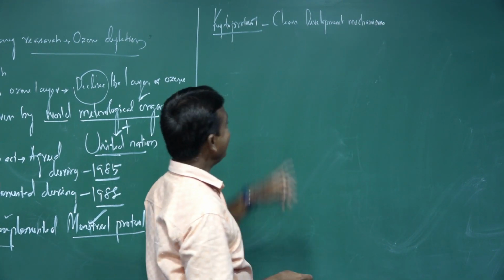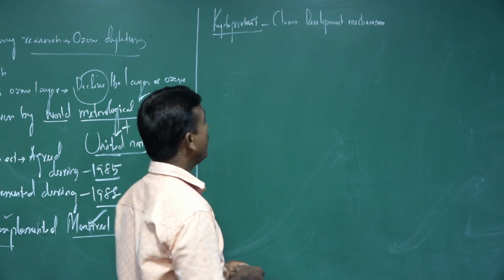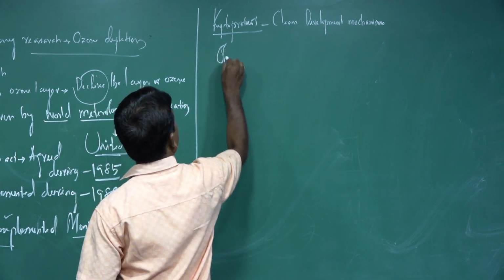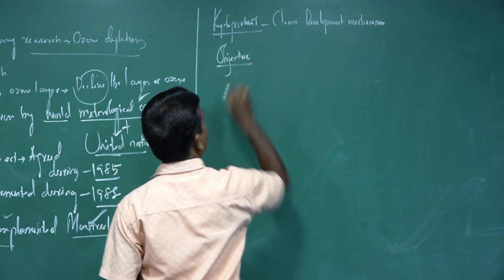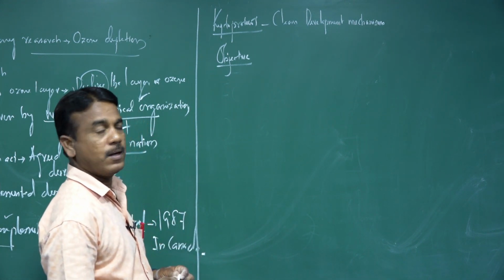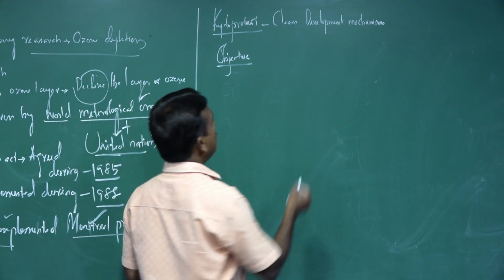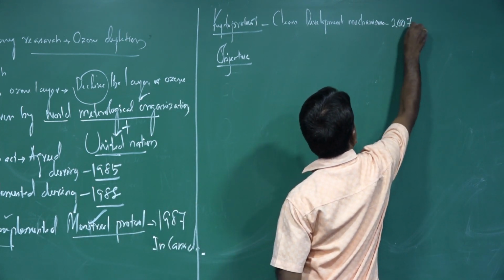What are the objectives of the Clean Development Mechanism, also called the Kyoto Protocol? The Kyoto Protocol was implemented in the year 2007.